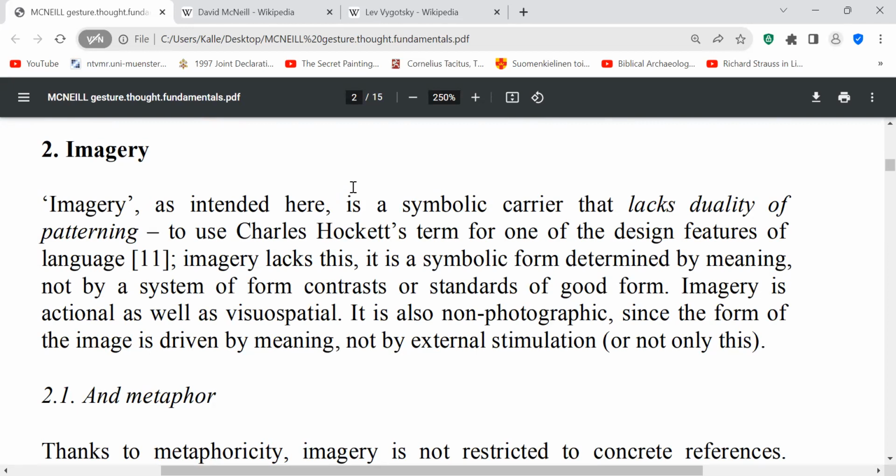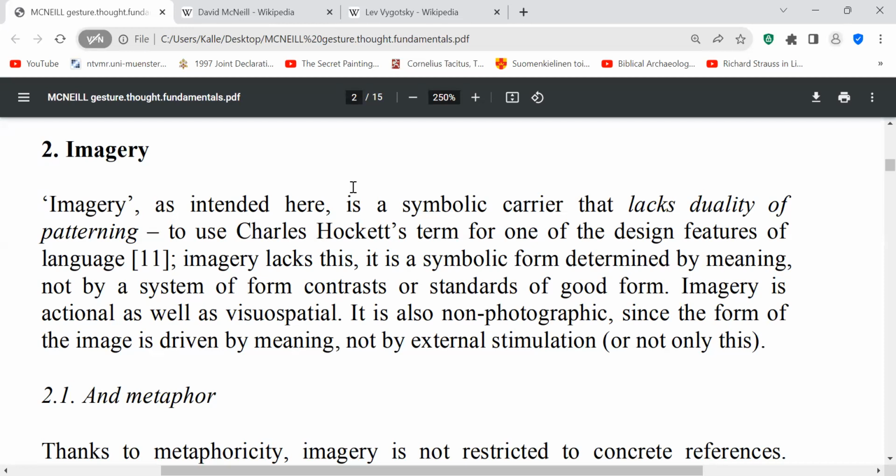Imagery, as intended here, is a symbolic carrier that lacks duality of patterning, to use Charles Hockett's term for one of the design features of language.